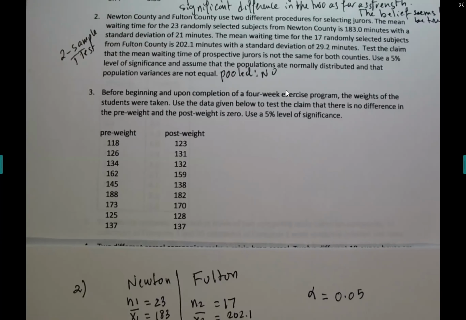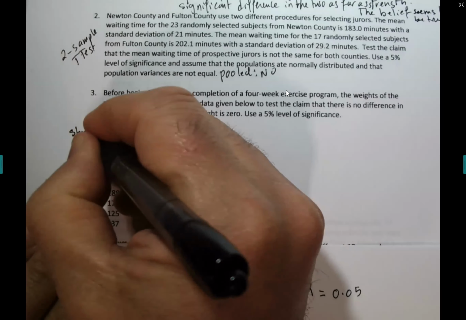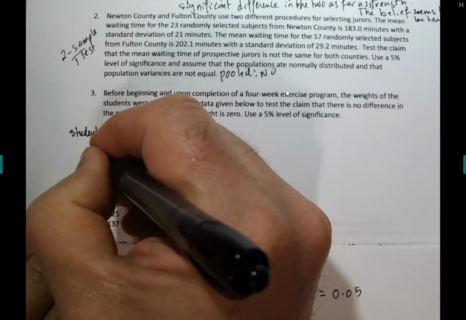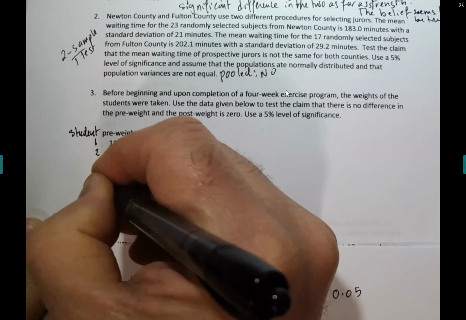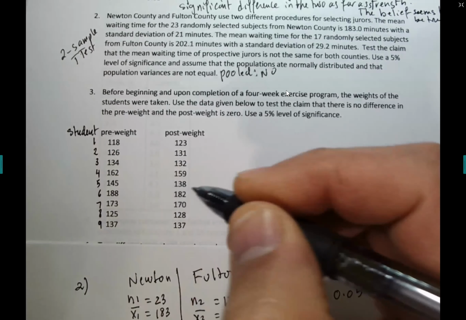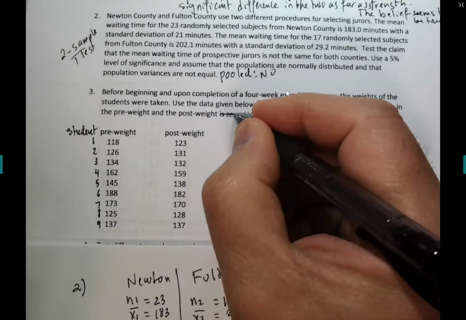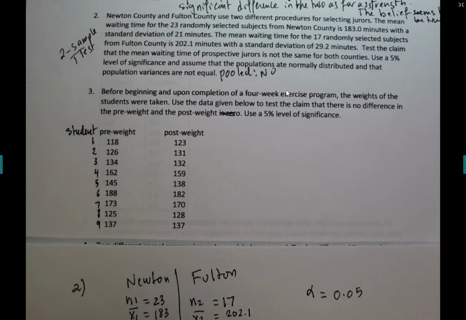Here I could have put student 1, 2, 3, 4, 5, 6, 7, 8, 9 students. The weights of the students were taken. Use the data given below to test the claim that there is no difference in the pre-weight and the post-weight. Use a 5% level of significance.